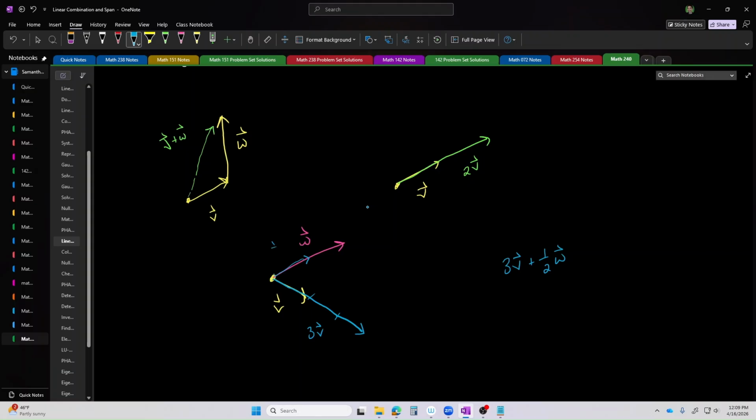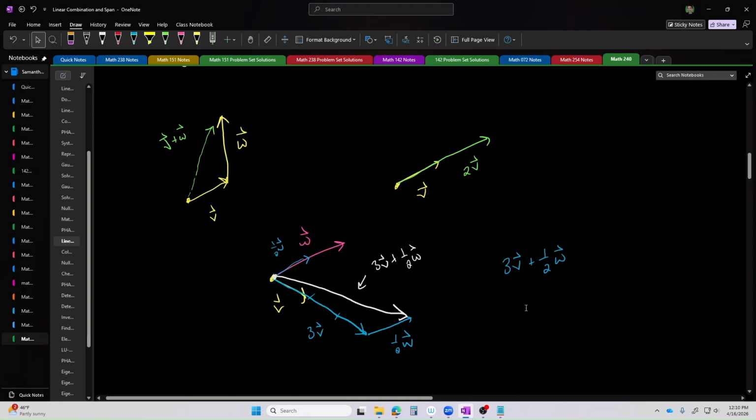So 1/2 w would be here, drawing 1/2 w from the terminal point of 3v, somewhere over here, and then the sum 3v plus 1/2 w would be, by triangle rule, the vector that completes this triangle. So if you bear the rules for vector scaling and vector addition in mind, you can interpret any linear combination graphically. And you'll see us doing that in the next several lessons.